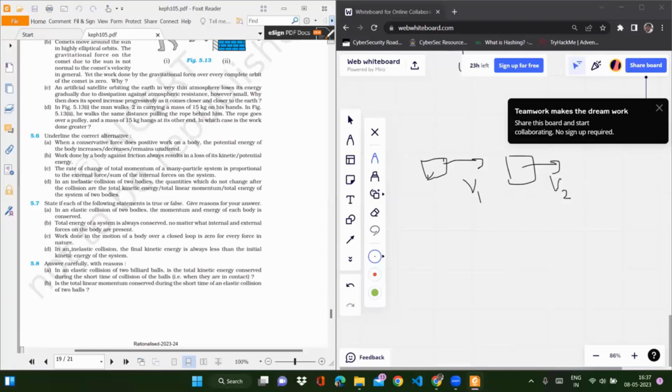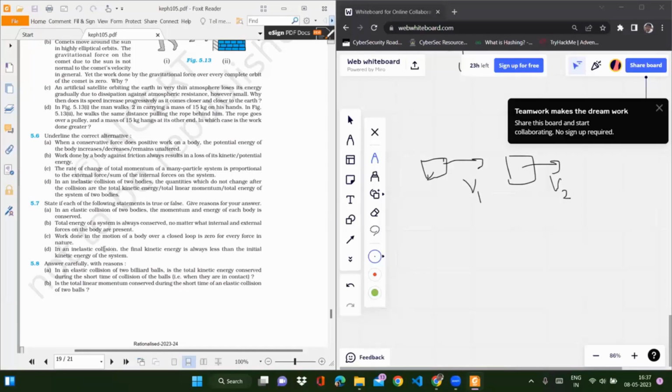Now the fourth statement is: in an inelastic collision, the final kinetic energy is always less than the initial kinetic energy of the system. So this question is somewhat tricky, we can say.